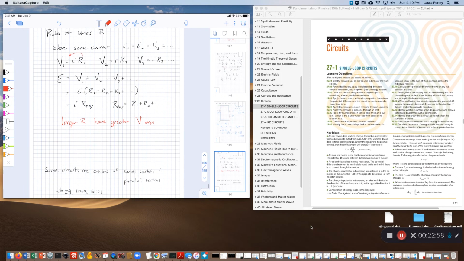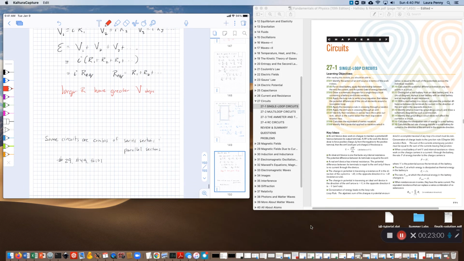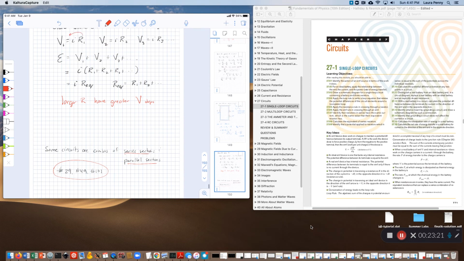All right. Some circuits can be thought of as combinations of series sections and parallel sections, and that's really what you're doing in number 29, number 49, number 101. I'll do at least some of these in class. I'm not going to do any here, but you can use these rules for series and parallel circuits without having to do the loop and junction rules.